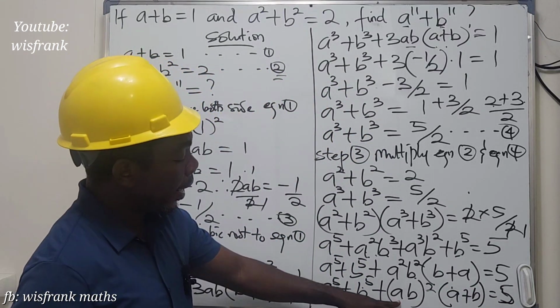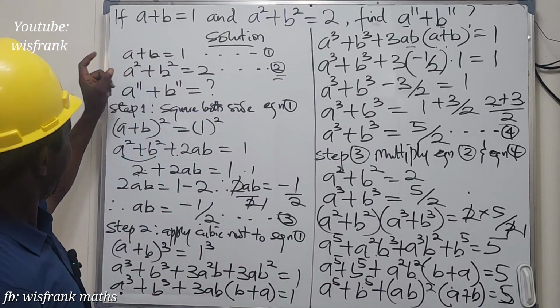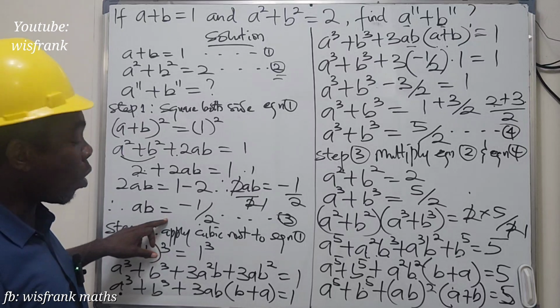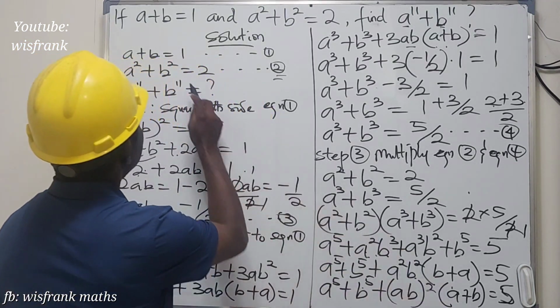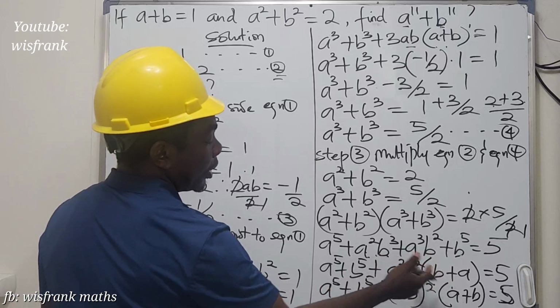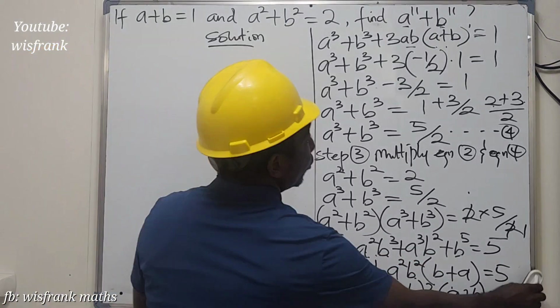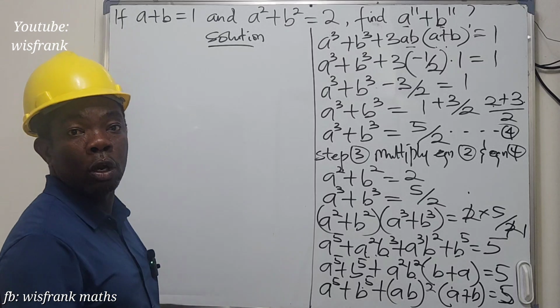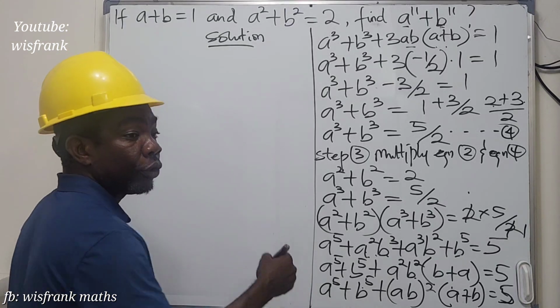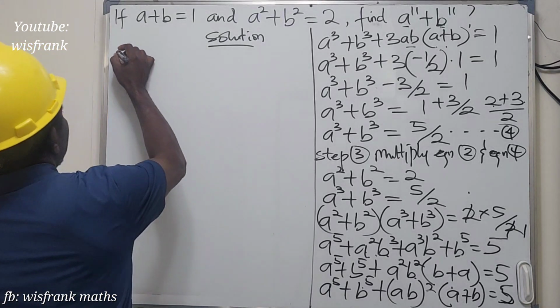And we can see that ab is minus 1 all over 2, and we also have a plus b as 1. So we are going to substitute that into where we have this. So we need to clean this. We are going to spell out our equations 1 to 3 so that we can use them subsequently.